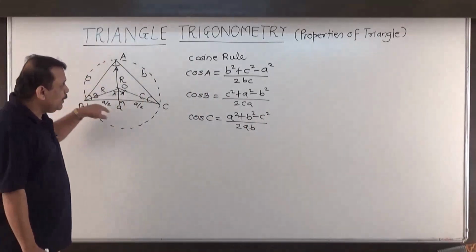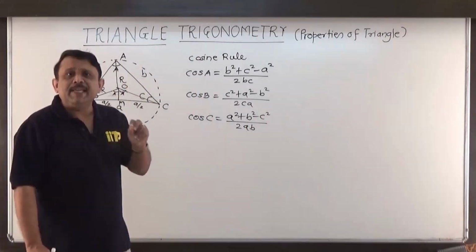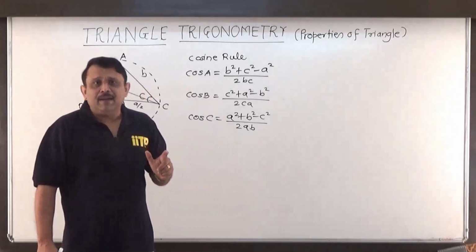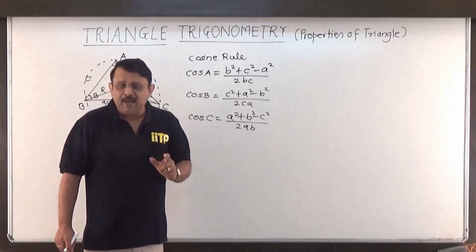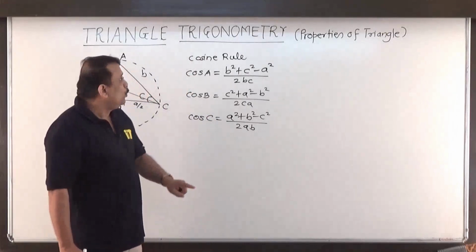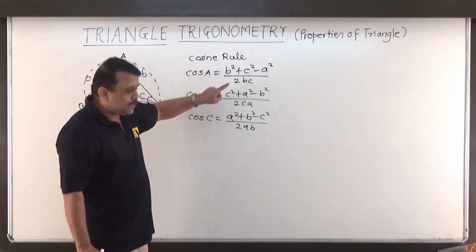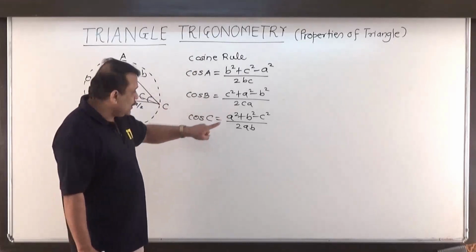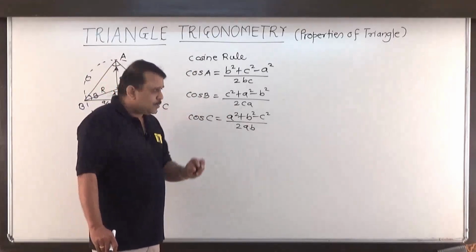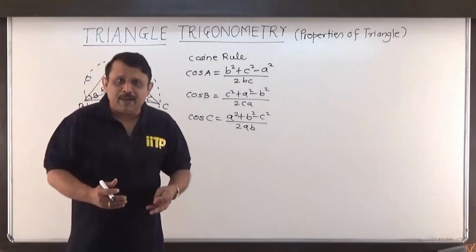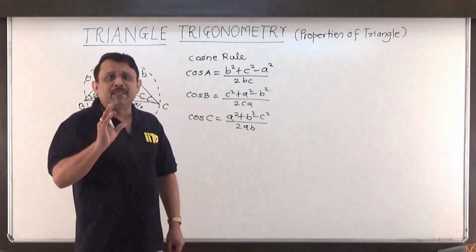So in triangle ABC, if all the three sides a, b, c are known, we can find all its angles using the rule known as the cosine rule. So cos A is given by this, cos B is given by this, cos C is given by this. There is a sort of symmetry and cyclic order by which you can easily remember the formula.